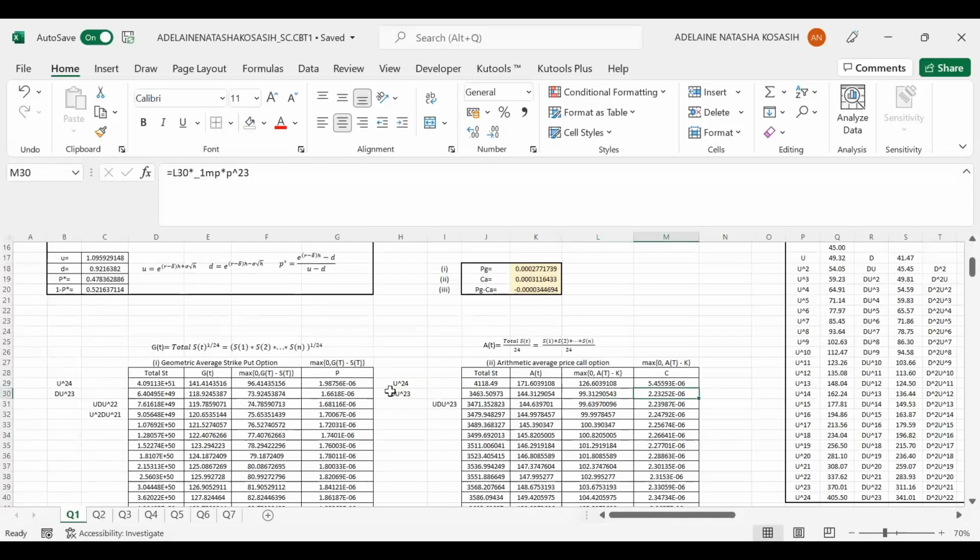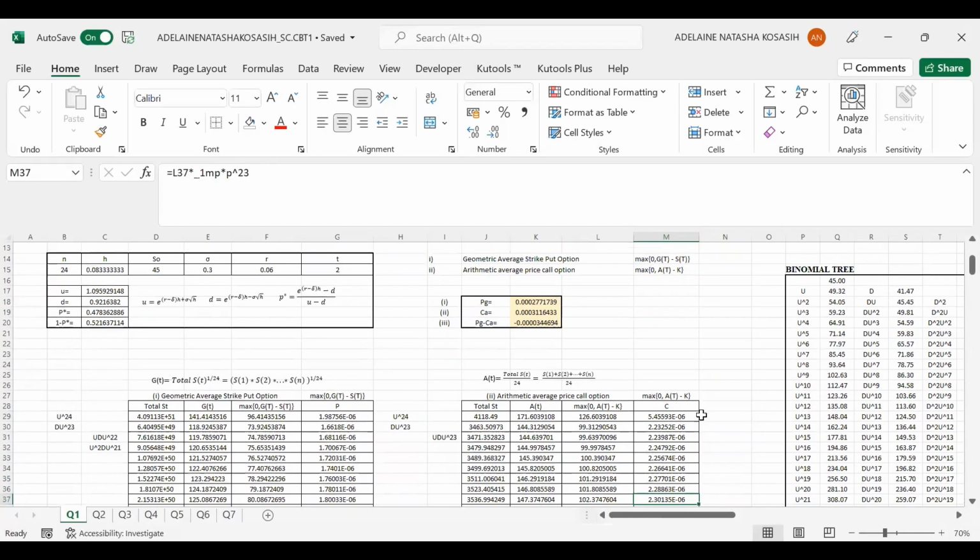For this one, the payoff times D, we change with 1 minus P star, which is here 1 minus P, times U with power of 23, so we change to P with the power of 23. You can just use all that as the formula. And then from here, you can get the price of call.